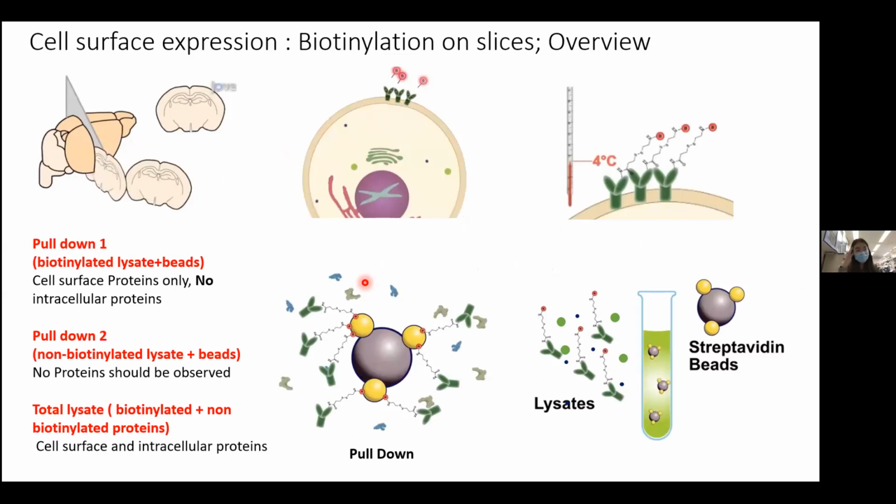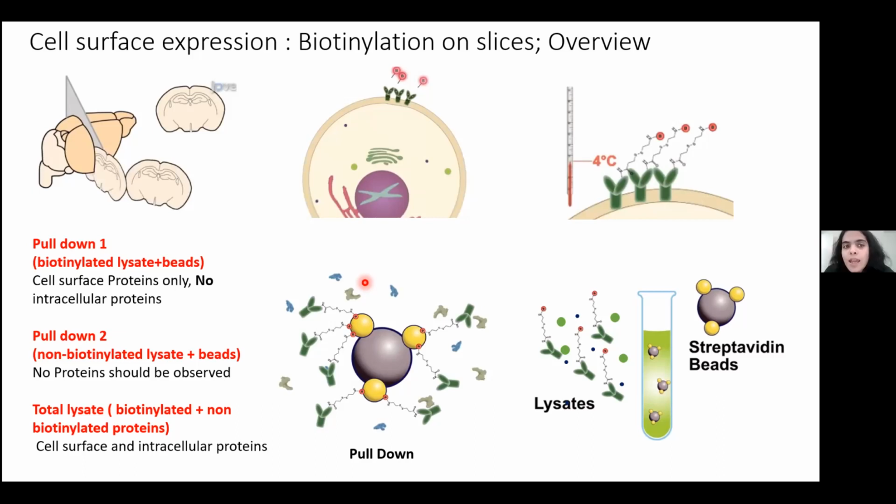So you can label cell surface proteins with antibodies, and then you put it through the flow cytometer, and it can detect single cells that have cell surface expression of that antibody, basically.